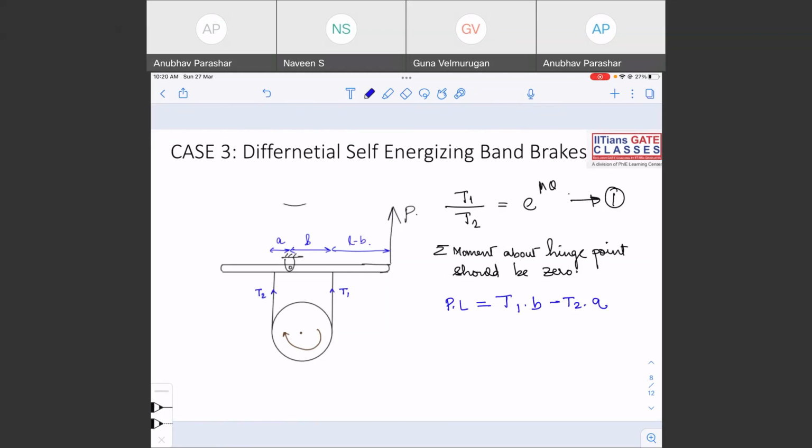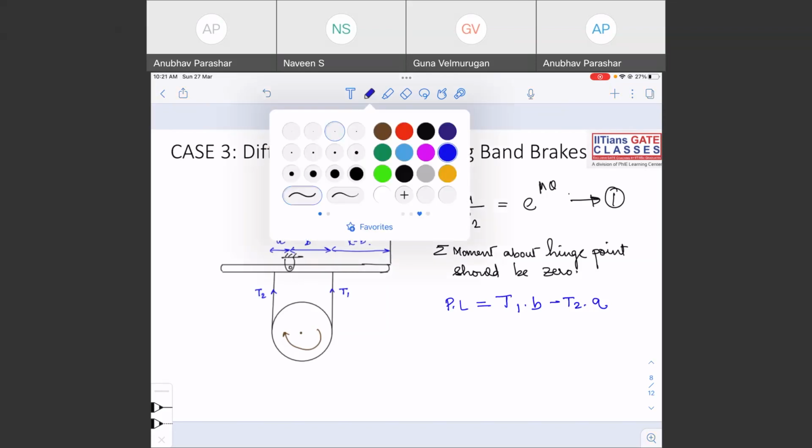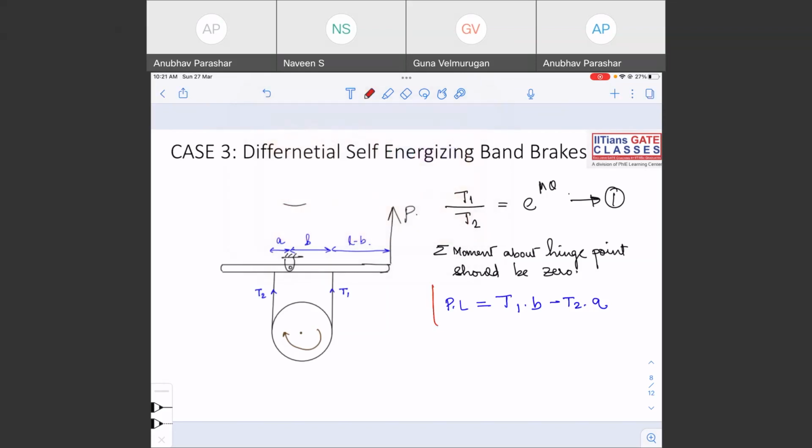T1, about which point you're taking the moment? About the hinge point, right? Please cross check once whatever you've written.